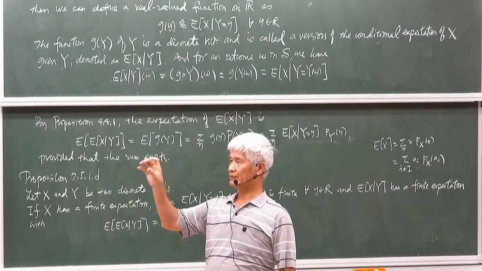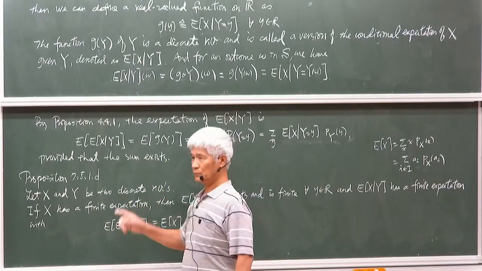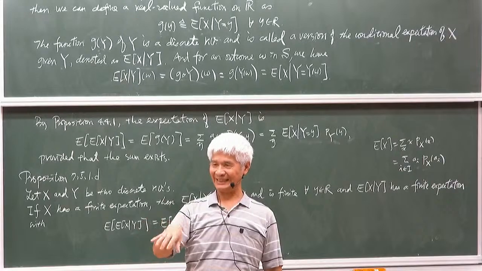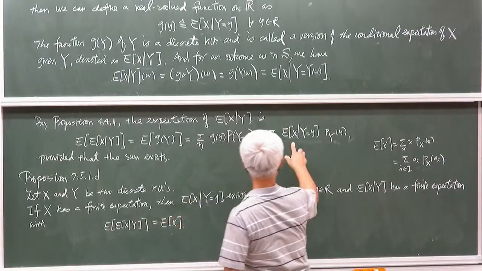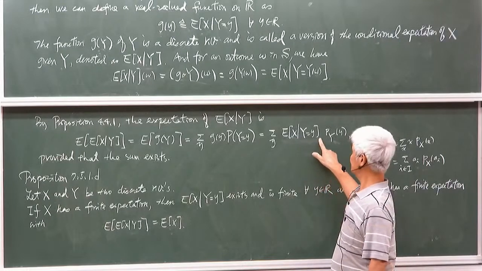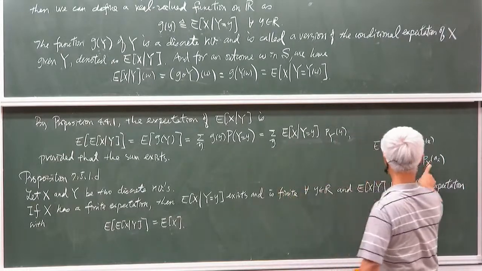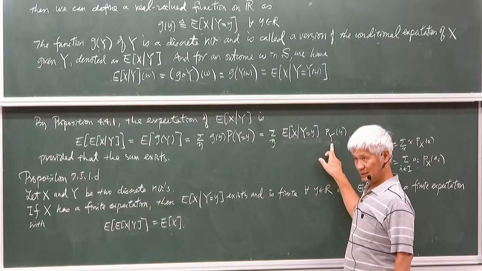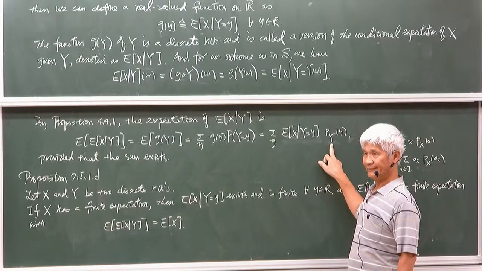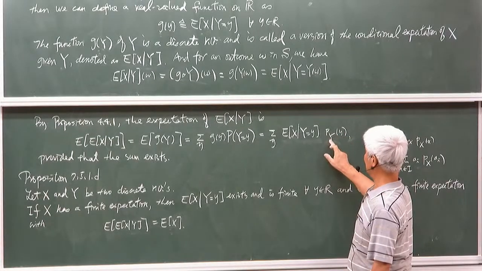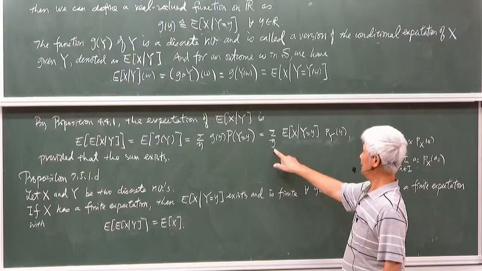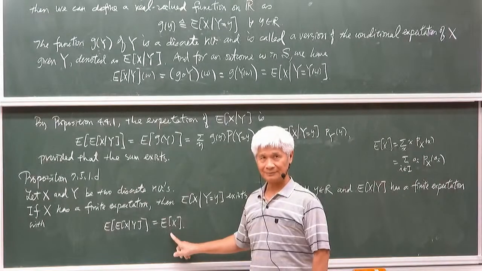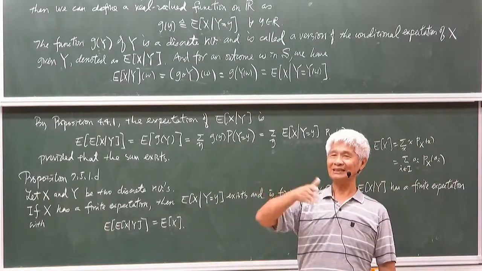Because if you have side information Y, then from Y it's very easy to know X. This quite often happens in reality. So you will be able to find this easier than finding the direct one, and it's also much easier to find the probability mass function of this side information Y. So you can compute this expectation, and this expectation is equal to the expectation of X. So it gives you an indirect way.